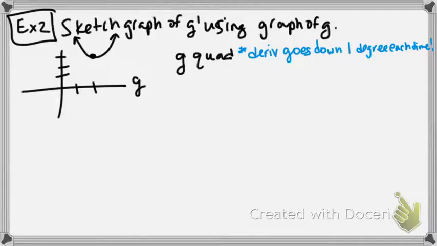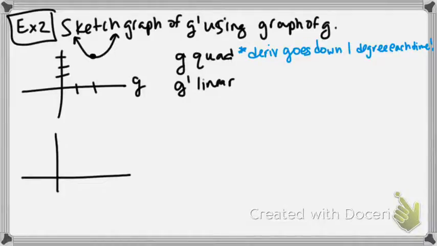And so for my derivative, if I was quadratic, if I go down 1 degree, my g prime is now going to be a linear function. All right, so whatever I draw for g prime, it has to be a line.